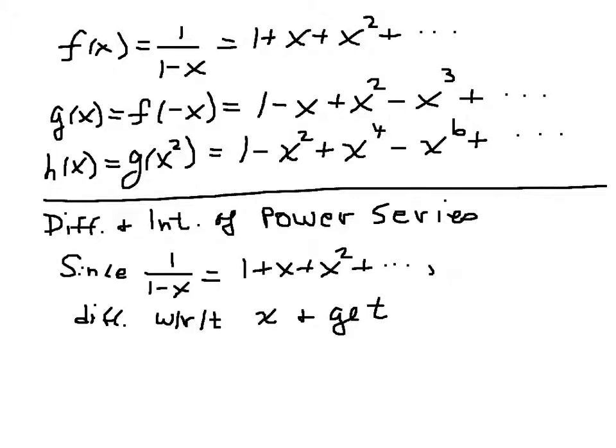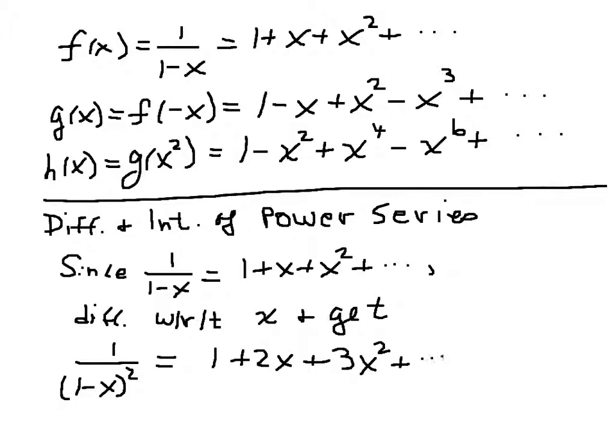Now check this out. If we have a power series, and the function it represents like this, one of the things we can do is differentiate both sides with respect to x, and if we do that, what we're going to get is 1 over 1 minus x quantity squared is equal to 1 plus 2x plus 3x squared plus dot dot dot plus n times x to the n minus 1 plus dot dot dot.